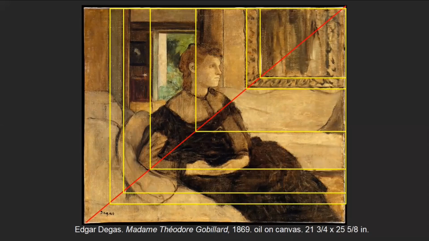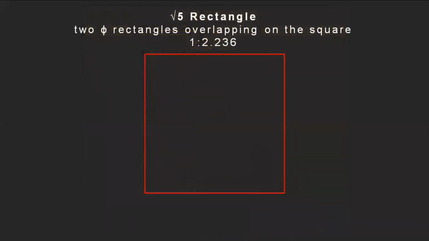And here you'll notice that we've moved away from the golden mean rectangle. So let's try to find some other sorts of rectangles that might be useful for us. There is the root 5 rectangle, in which two phi rectangles, remember that phi represents that 1.618 ratio, so two golden mean rectangles overlap on the square.